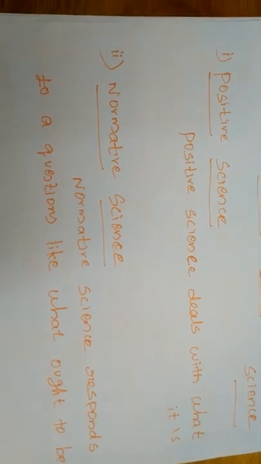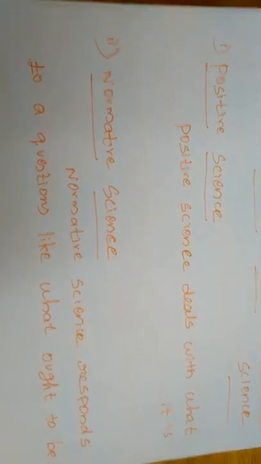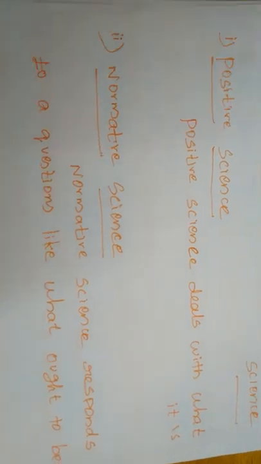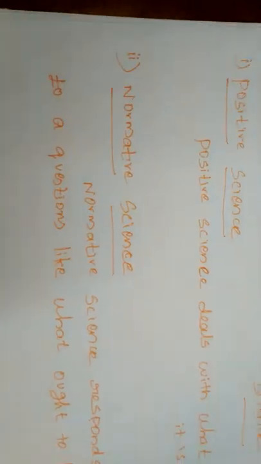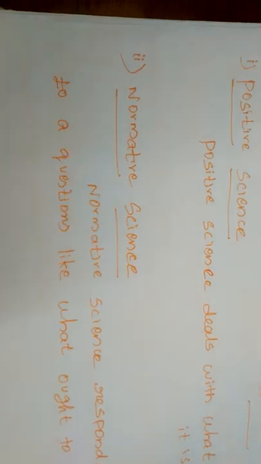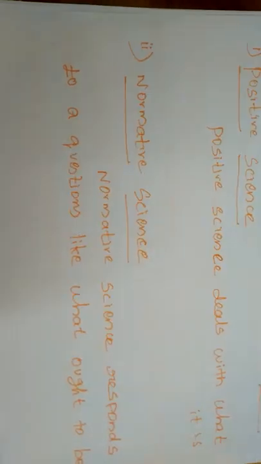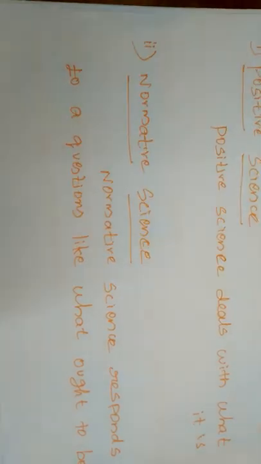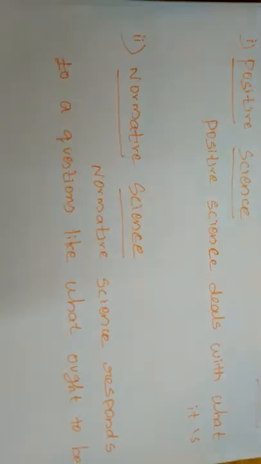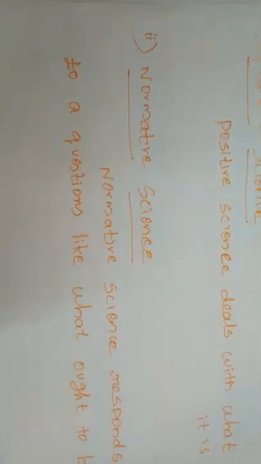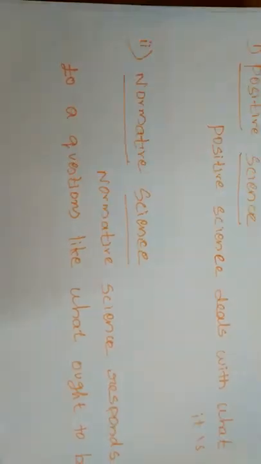In short, if you want to understand the difference between positive science and normative science, positive science is concerned with how and why. It analyzes the real fact by asking how it is made, why the price was increased. And normative science is concerned with what ought to be.